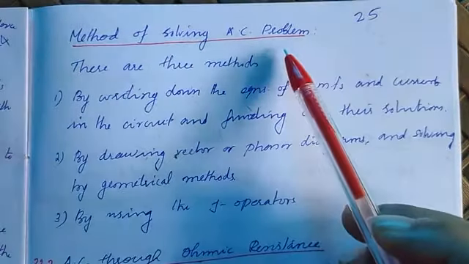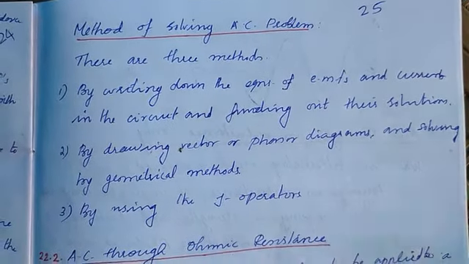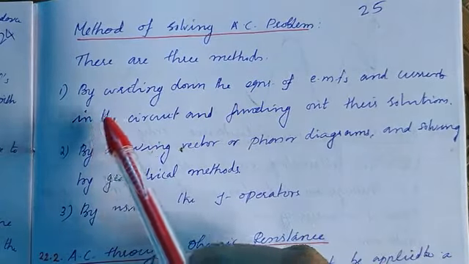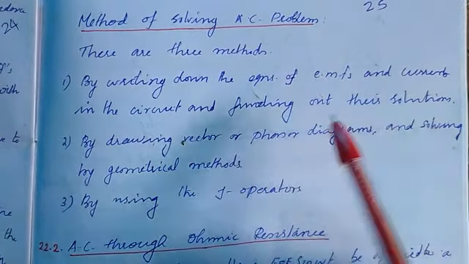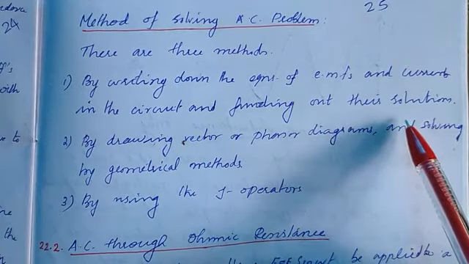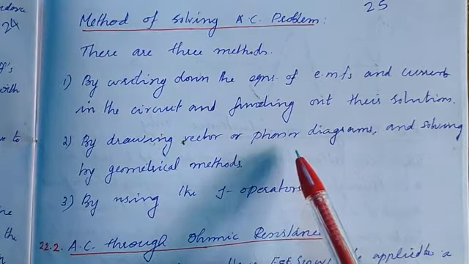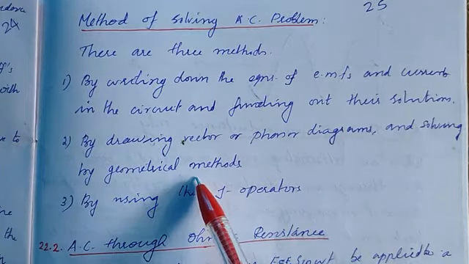Now, there are three methods of solving AC circuit problems. The first one is by writing down the equations of EMFs and currents in the circuit and finding their solutions. The second method is by drawing vector or phase diagrams and solving by geometrical methods.